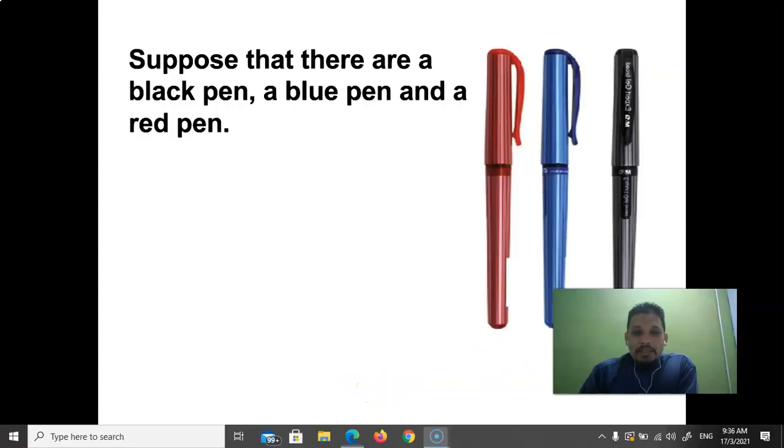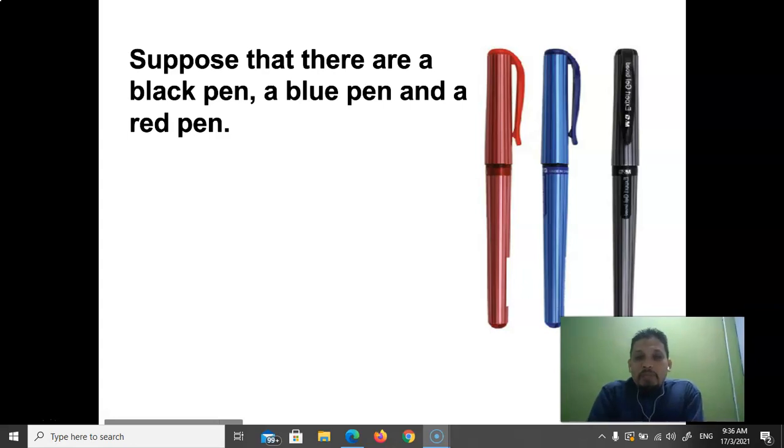I think this topic is also part of topics that are very close to our daily life. Besides the topic of permutation and combination, probability is also very close to our life. Suppose there is a black pen, a blue pen, and a red pen.